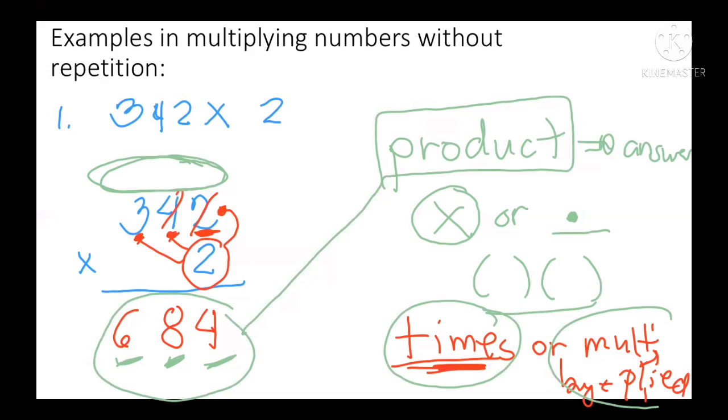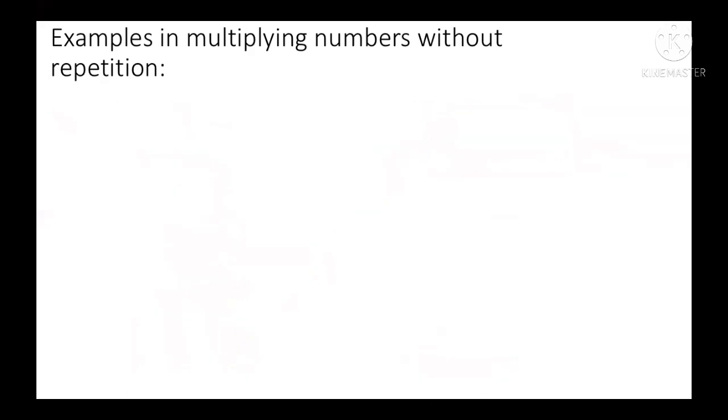All right, so next number. Let's do the next number. Number 2. For example, we have 433, multiplied by 2 again. Okay, again, we need to arrange this.